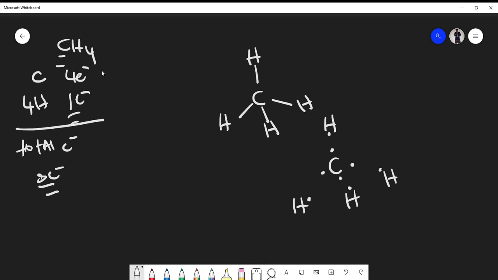And so the reason why I draw these single bonds is because these end up sharing. So these form a single bond. So now you can see everything coming together. And so this is very important to make, right? So this is how we come up with the Lewis structure for the methane molecule.